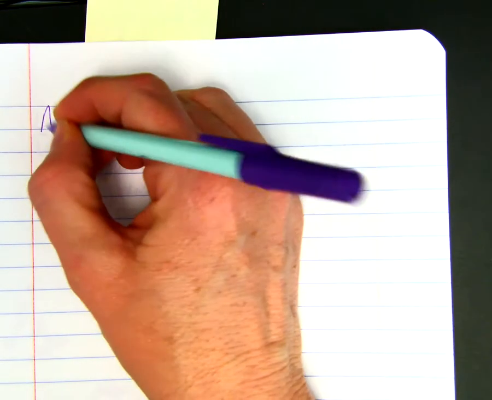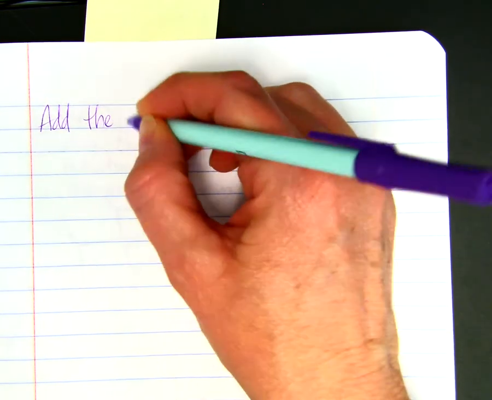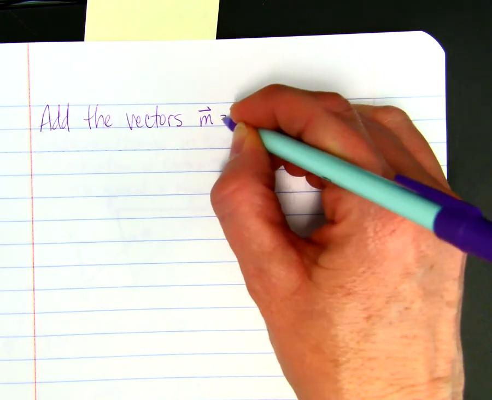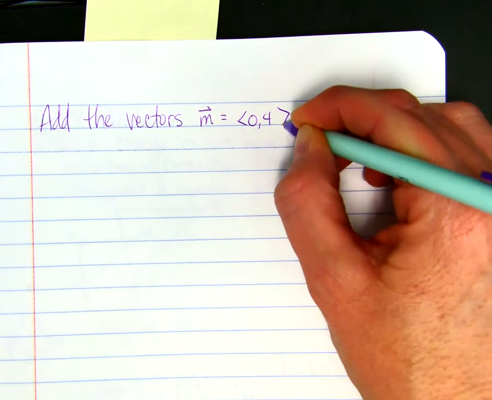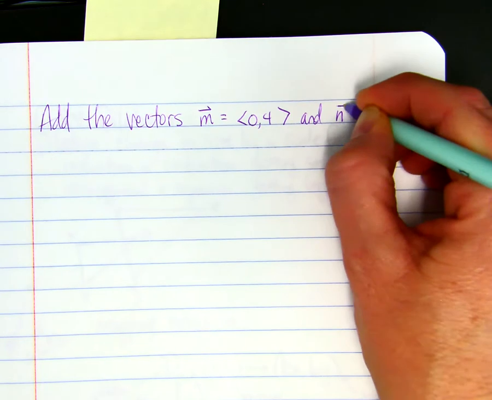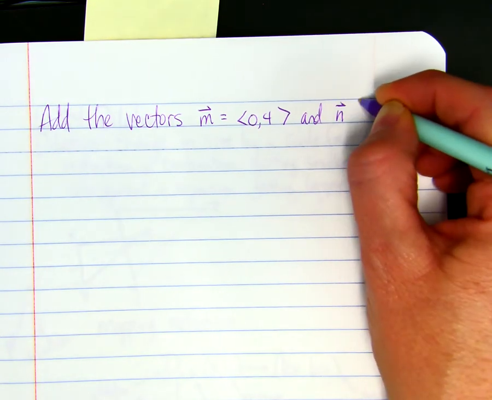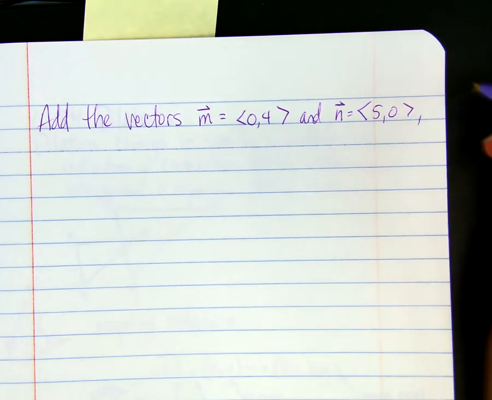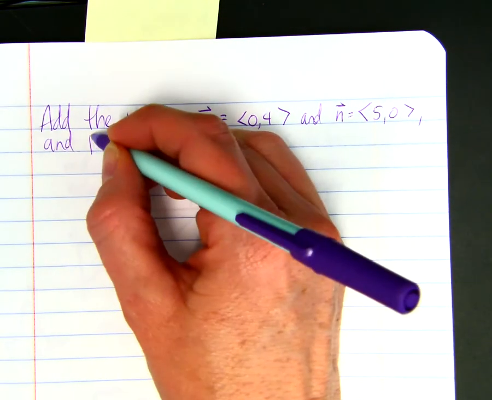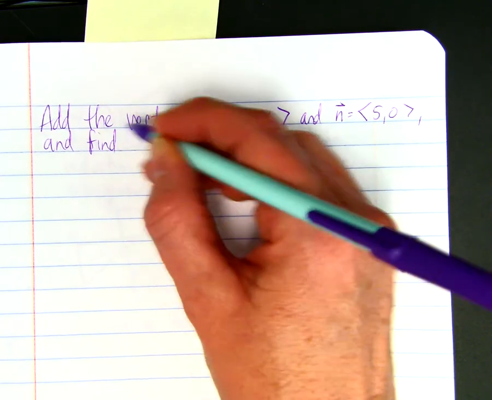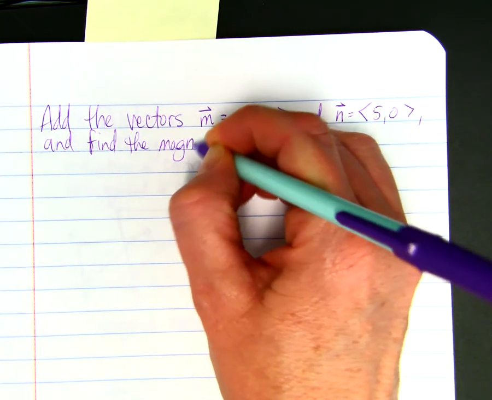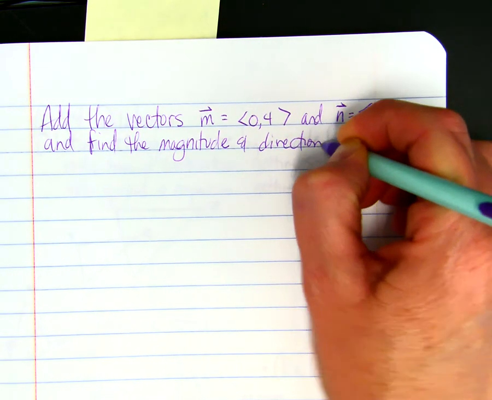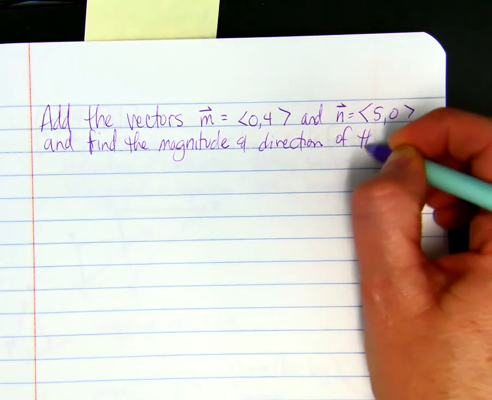Okay, so add the vectors m (0, 4) and n (5, 0), and find the magnitude and direction of the resultant vector.